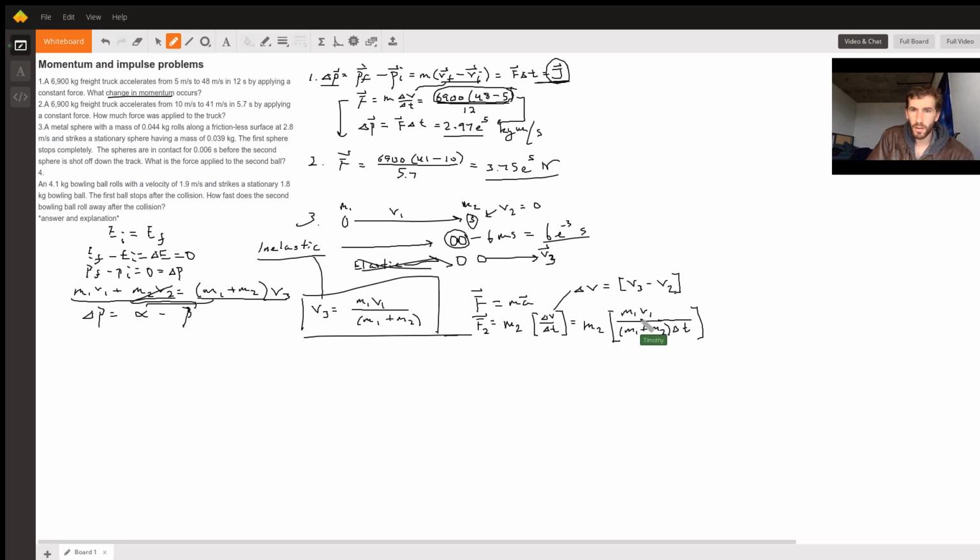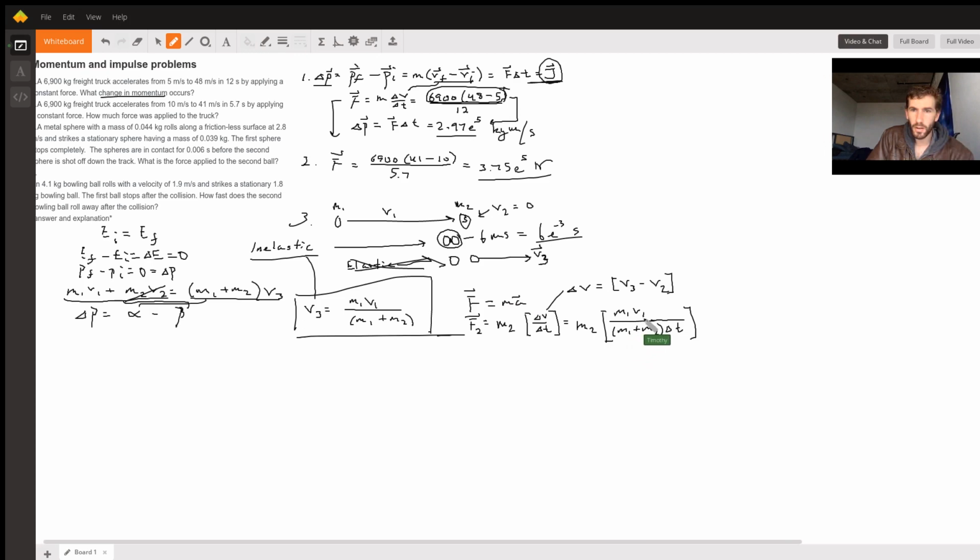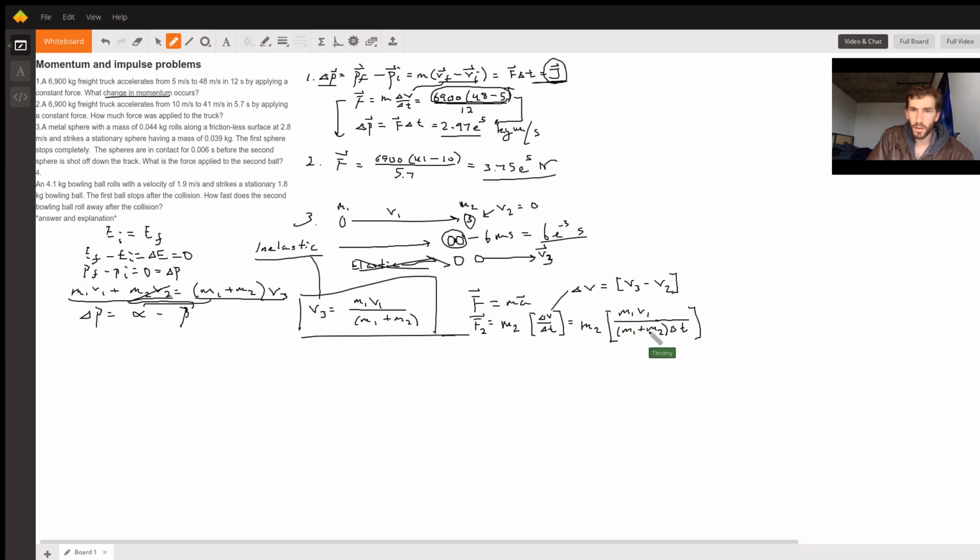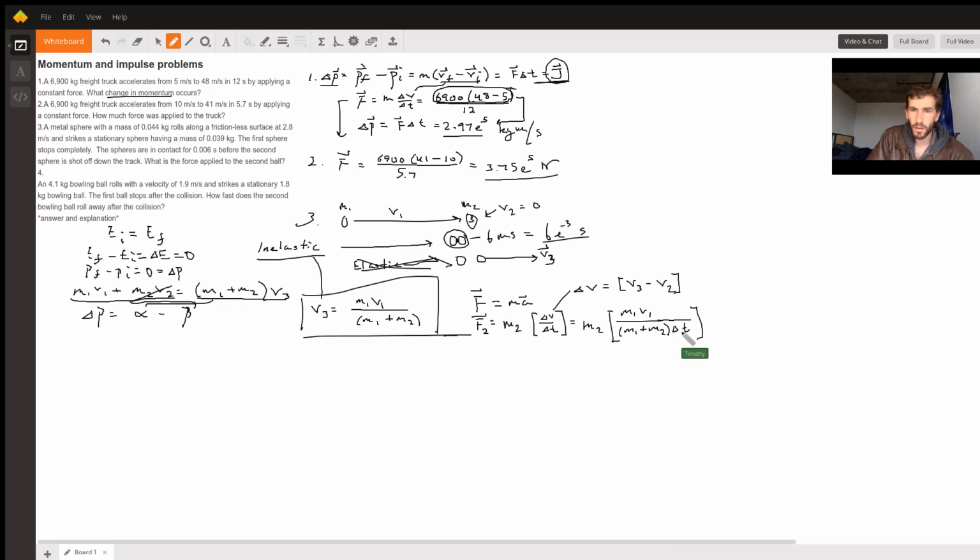You already have the velocity of the first ball, which is 2.8 meters per second. So you just basically plug in for M1, 0.044 kg. For V1, you plug in 2.8 meters per second. For M2, you plug in 0.039 kg. And for the change of time is that 0.006 seconds. And that'll give you your force applied to the second ball.